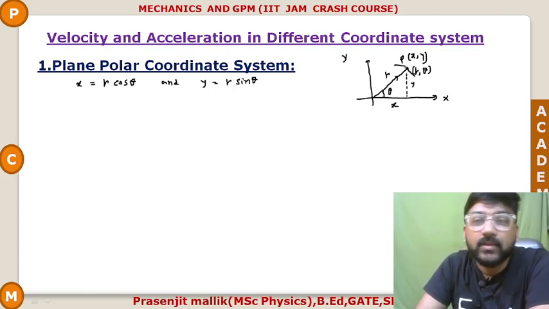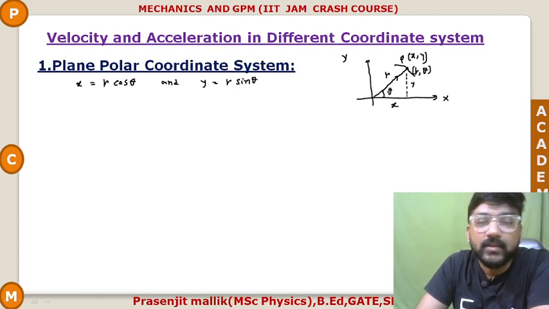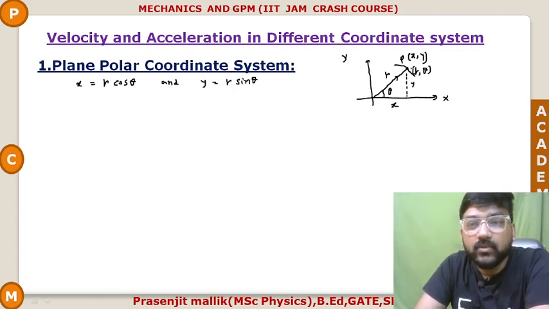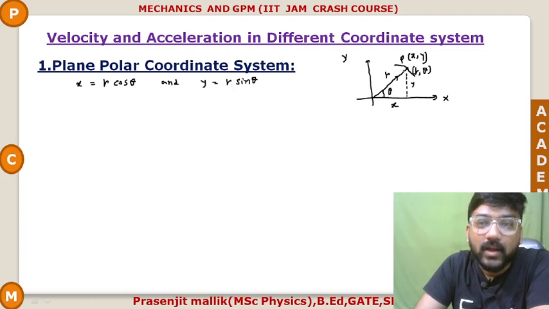What is the velocity and acceleration in this coordinate system? Obviously the velocity has 2 components. One is the r component, along the r cap direction, the increasing direction of r.